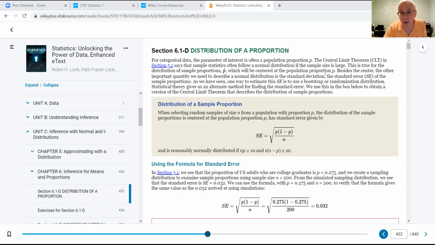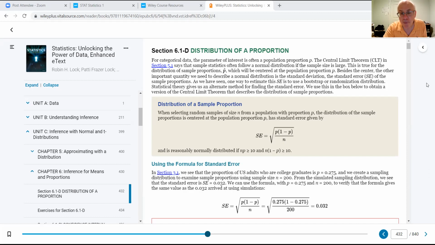Now, with proportions, there's a specific calculation we have to do to determine if we can use the normal distribution as an approximation for the binomial. That's the whole idea of what we're going to do here. And I'll show you that calculation in about a minute or so.